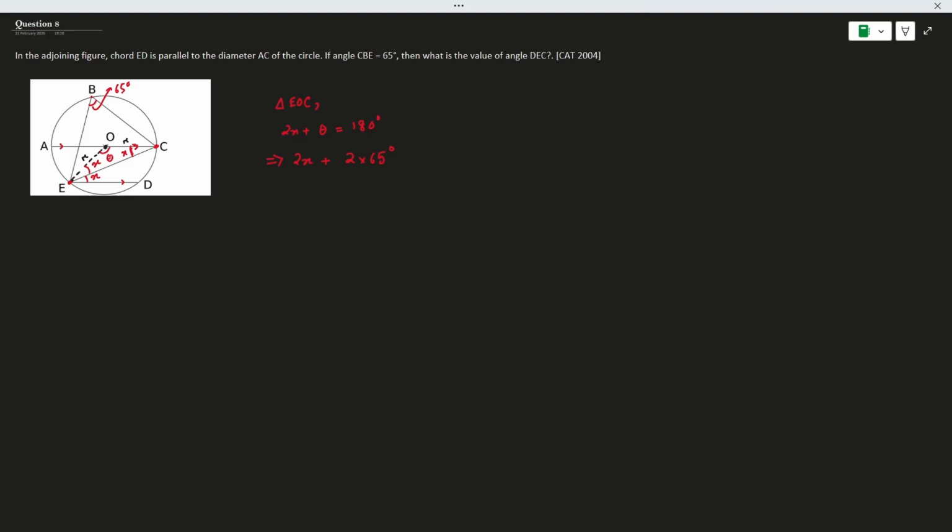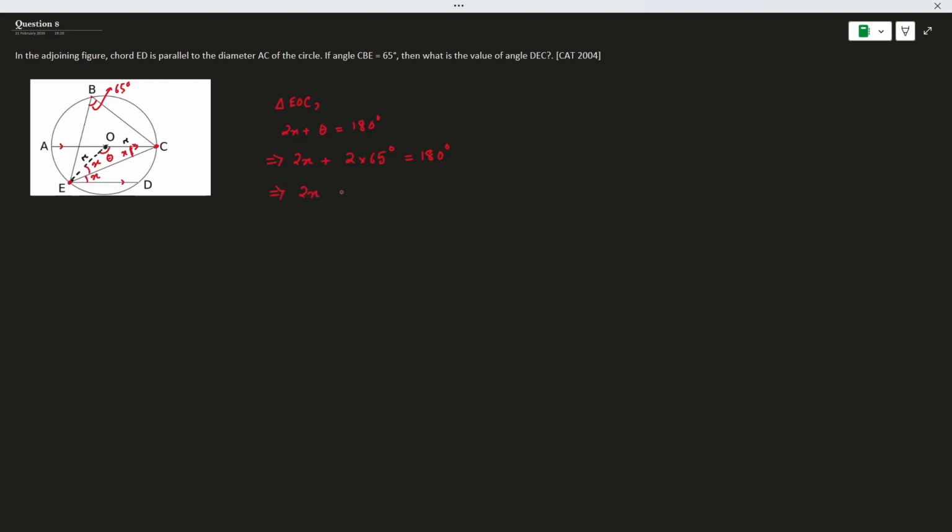So this theta will be twice of this angle. Okay, this is a property of circle. I will again repeat it. The angle subtended by a chord at the center is two times the angle subtended by the same chord at any point on the circumference of the circle, given that the point lies on the same segment.